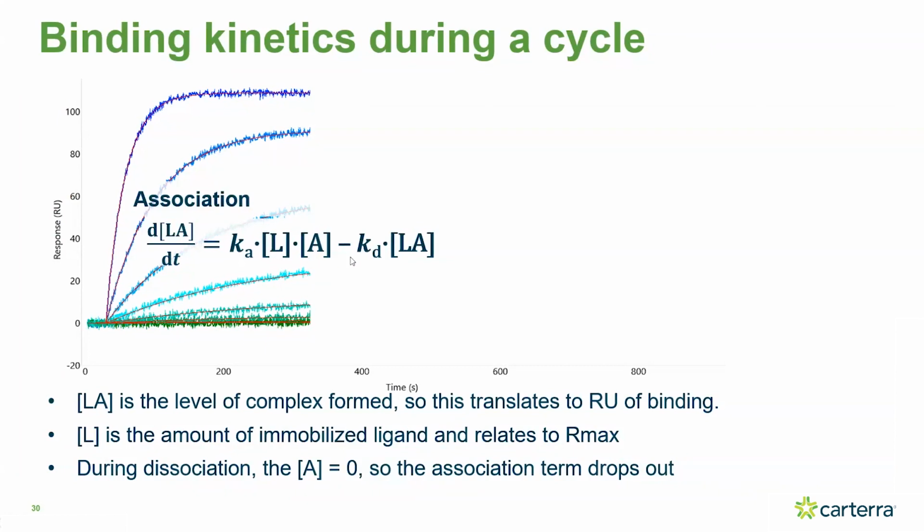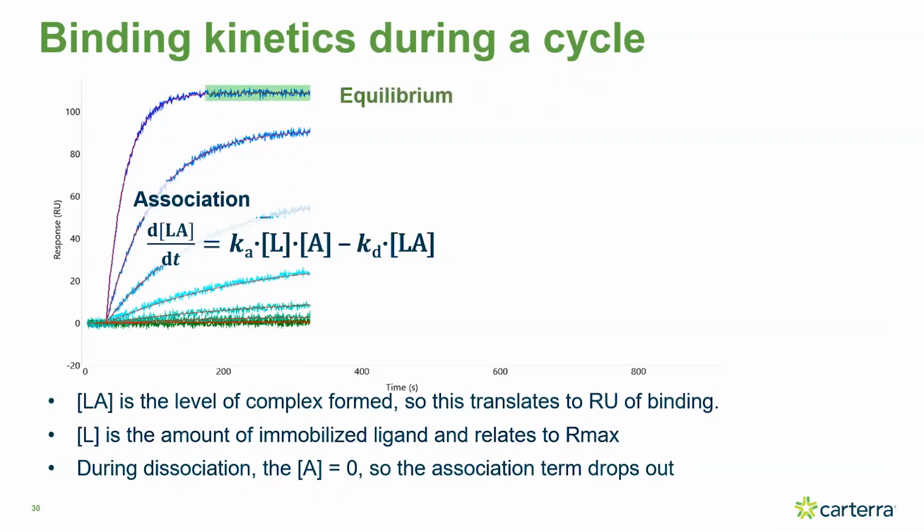And then also involved is the off rate and the amount of complex that's already formed. So this makes the shape of the on rate phase a bit more complicated because there's 3 parameters affecting it: the concentration of the analyte, the on rate, and the dissociation rate.